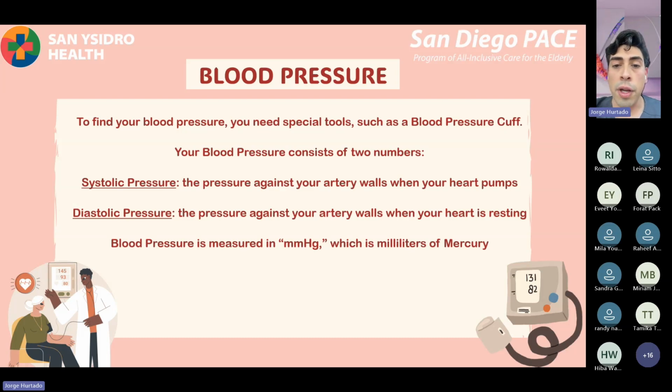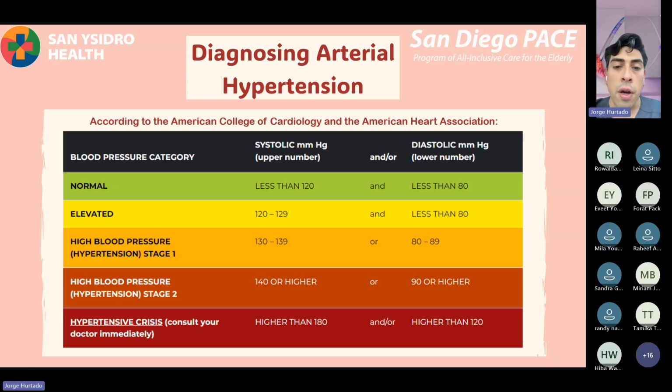That's regular. So here on this little table, normal systolic blood pressure is less than 120 and less than 80 on the diastolic. We say we have elevated blood pressure if we have a systolic between 120 and 129, and on the diastolic, it's always bad to have it over 80.